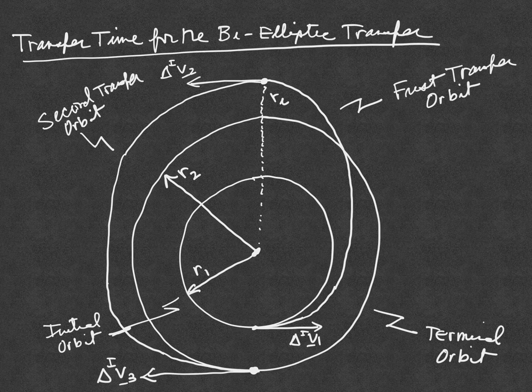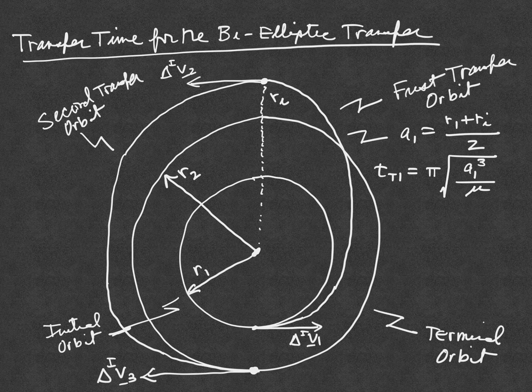And the first transfer orbit has a semi-major axis equal to what we called A1, and A1 was equal to R1 plus Ri, all divided by 2. Now we know that the period of an ellipse is 2 pi times the square root of a cubed over mu, where a is the semi-major axis, and we know that this first transfer orbit is half of an ellipse. So if the transfer time on this first half of the transfer is denoted t sub t1, that's going to equal pi times the square root of a1 cubed, all divided by mu.